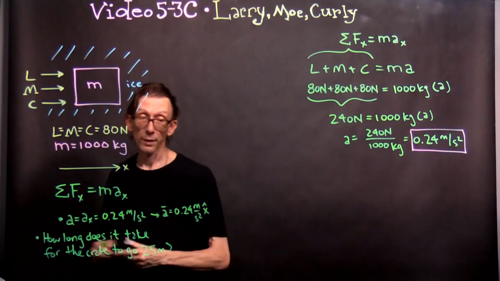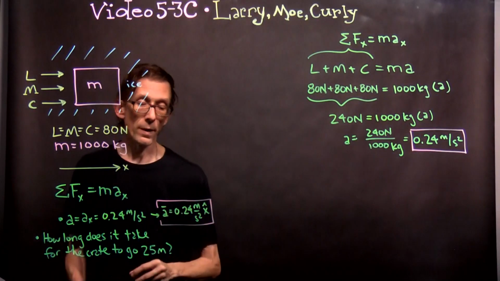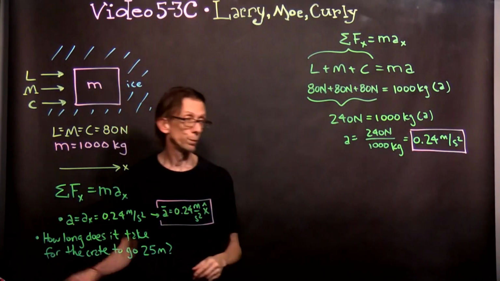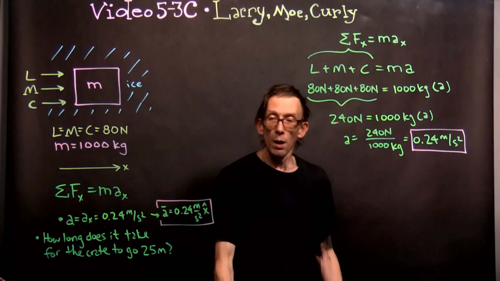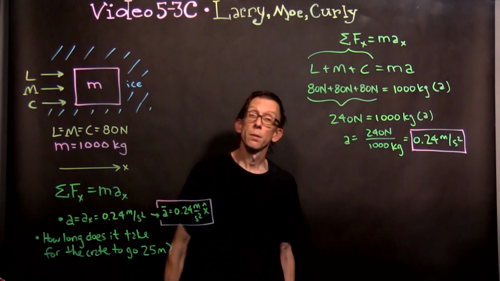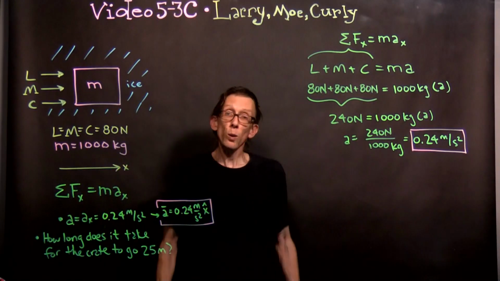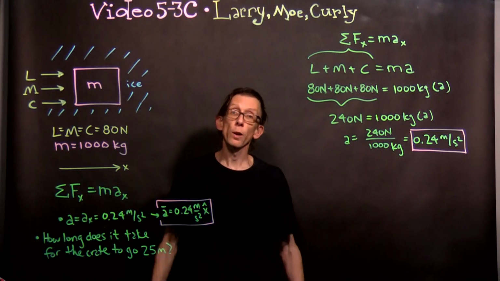That's how we would write it in full-blown vector form right there. Now, how long does it take to go 25 meters, given from rest? How do you think we're going to do this, y'all? How do we think we're going to do this?